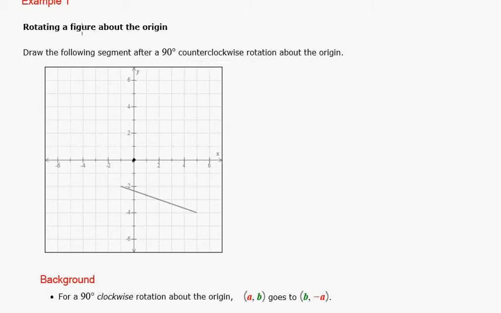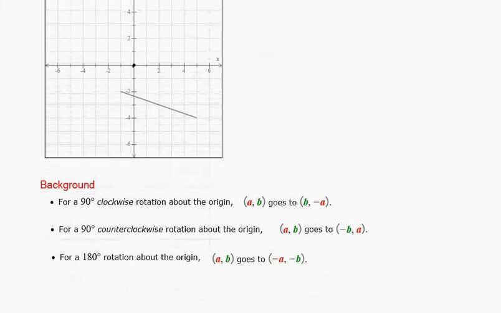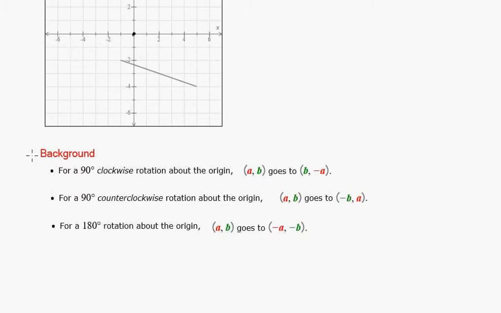What I suggest you do is put this background information into your notebook. This is something that you should look up. It says for a 90-degree clockwise rotation, I want to show you this real quick. Here's a circle, and remember that's 360 degrees.